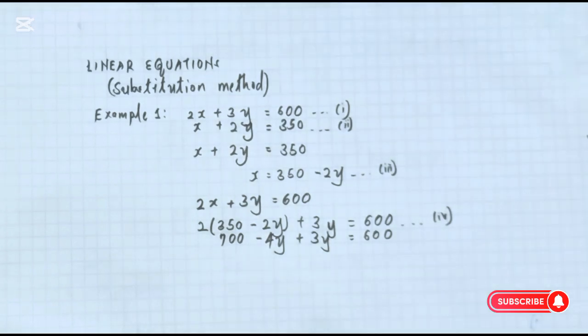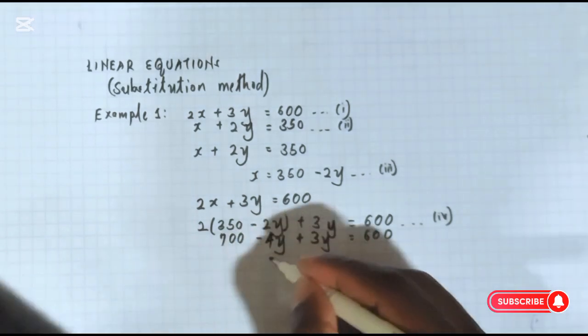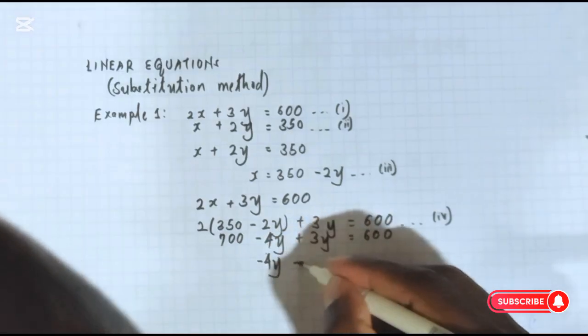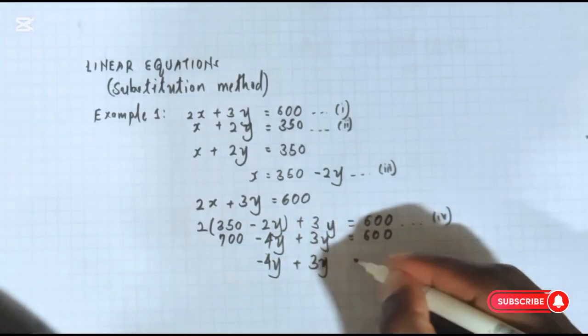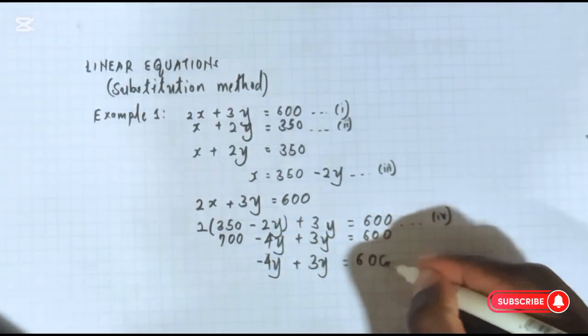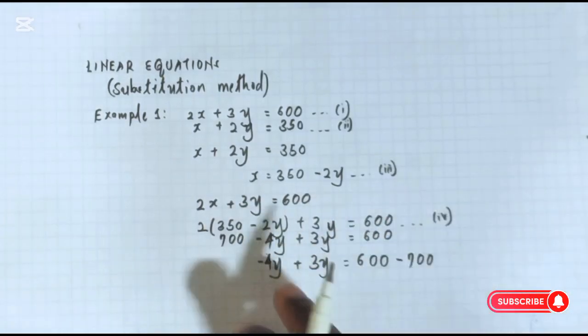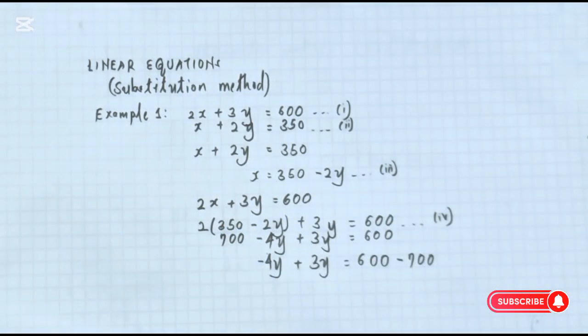Collecting like terms, we are going to have negative 4y plus 3y equals 600 minus 700. So we're taking this 700 to the right hand side so that we have them all on the same side. It becomes easy to solve after that.